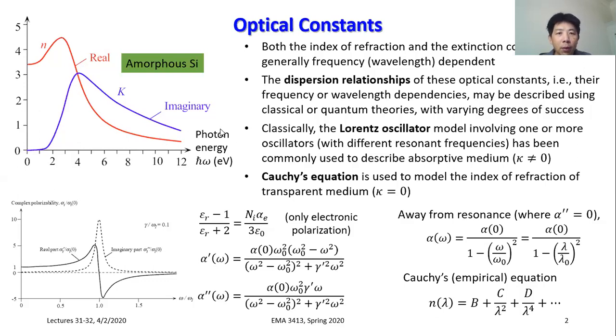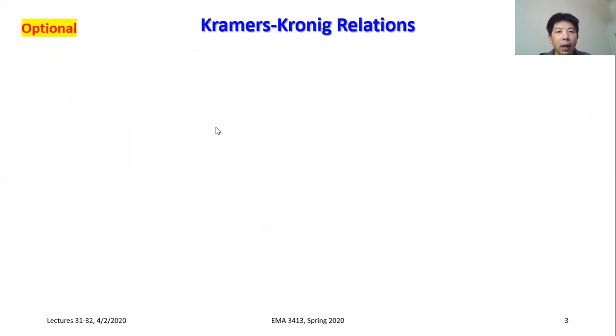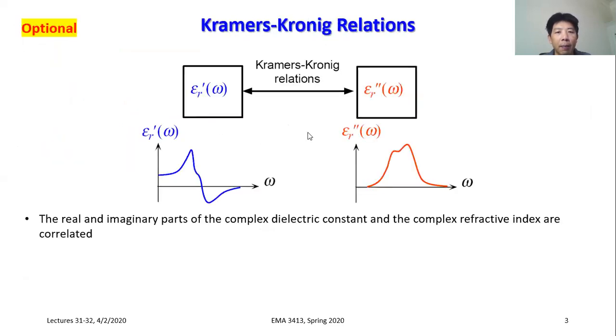The other thing is that because the real and imaginary parts of the dielectric constant come from the same complex number, they are not fully independent of each other. As I mentioned, every time you see a significant peak for the imaginary part, that also corresponds to a significant change in the real part as well.